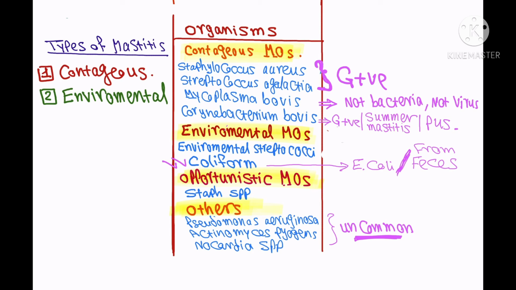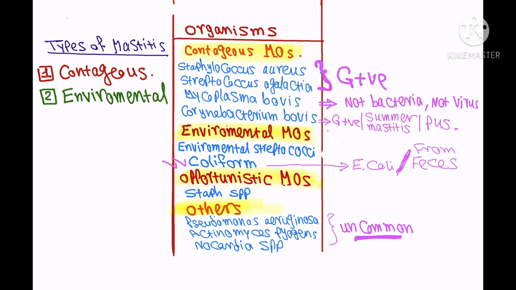It causes summer mastitis in the summer season, and usually makes pus in the udder. Environmental microorganisms: the infection comes from the environment, like coliform mastitis due to the microorganism E. coli, which transmits the infection from the feces of the animal through the teat orifice.